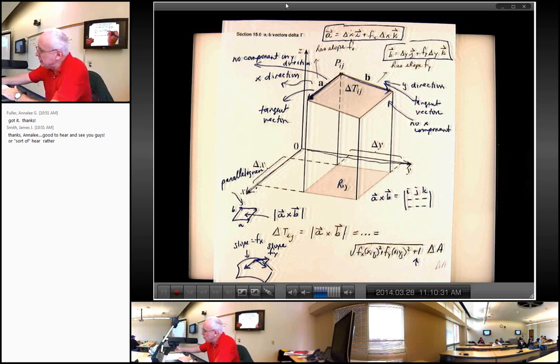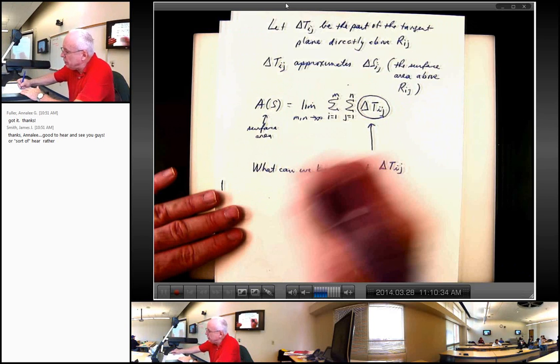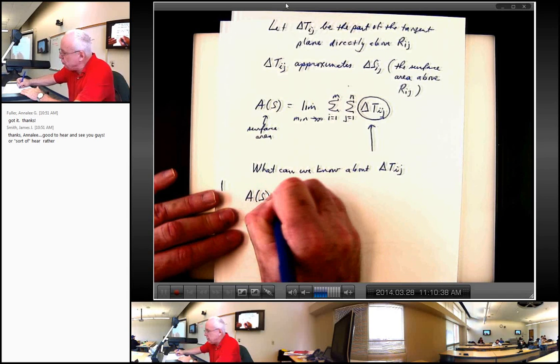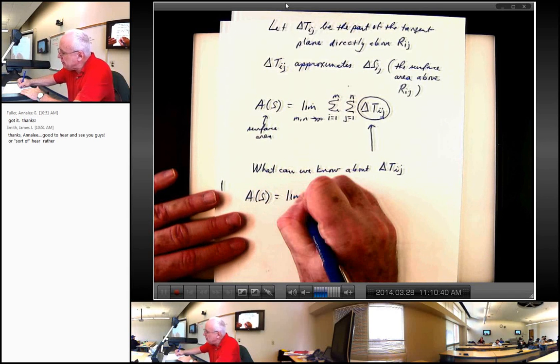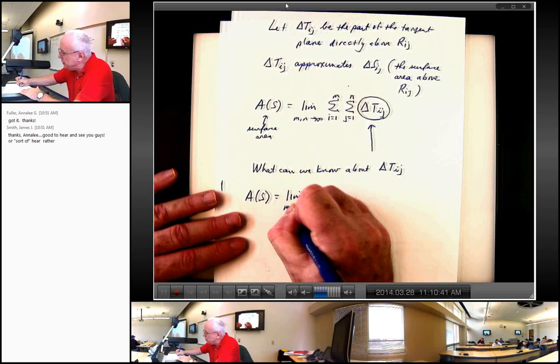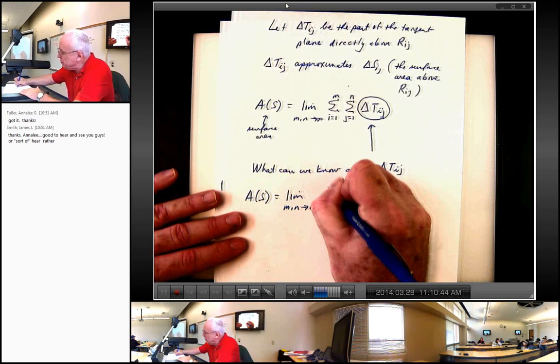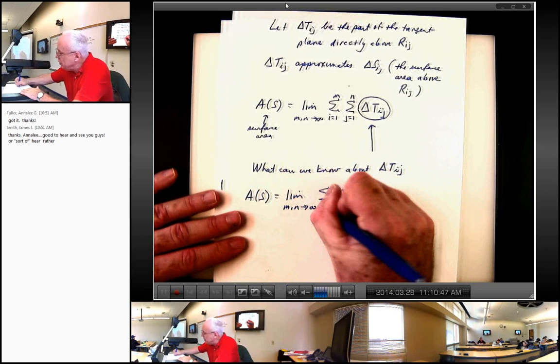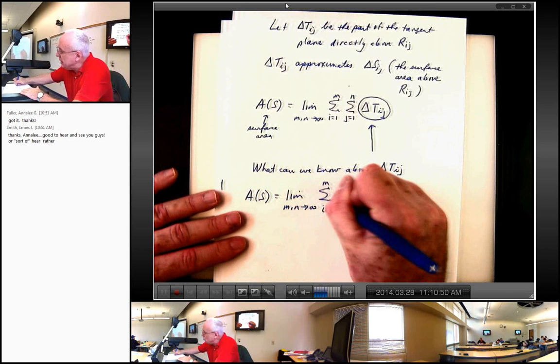So what I can say here is that our surface area is equal to the limit as m and n go to infinity of this Riemann double sum, i equals 1 to m, j equals 1 to n.